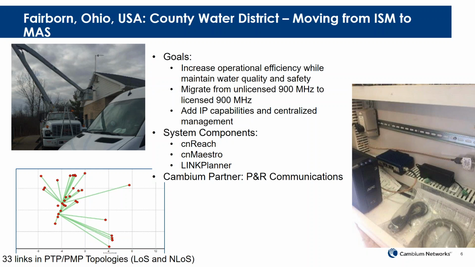Currently that's available just in 900 megahertz, but we'll be adding that point-to-multipoint capability in the other bands shortly in the next Link Planner release. So anyway, they planned it in Link Planner and were able to deploy this network. The major benefits here are migrating to licensed 900 and then adding the ability to remotely monitor this using cnMaestro.